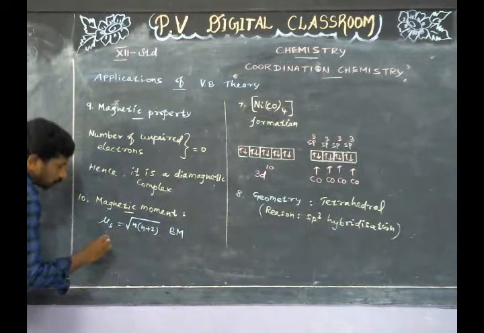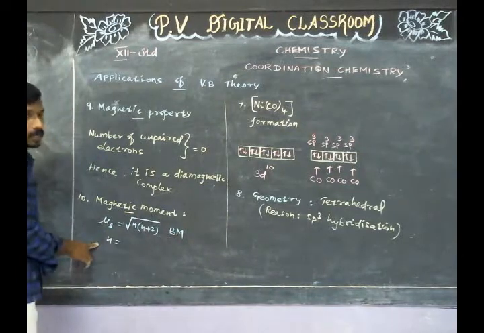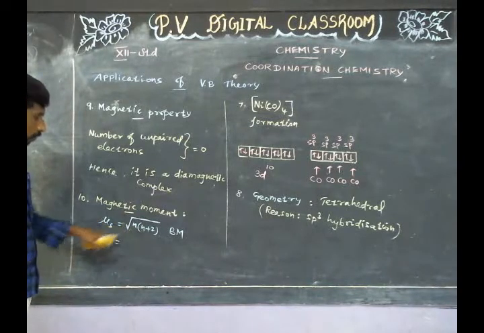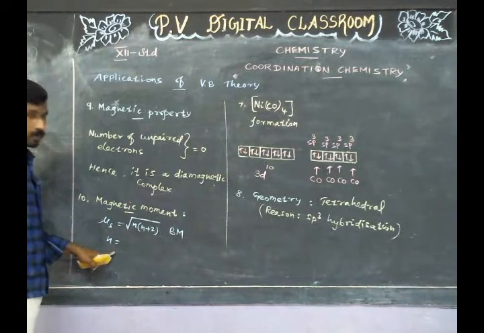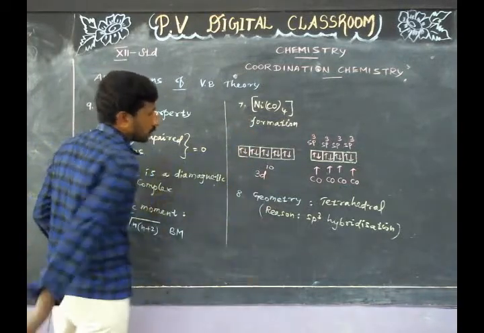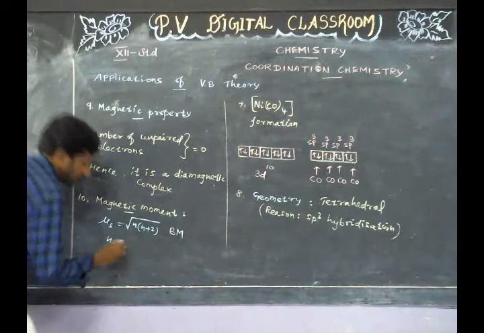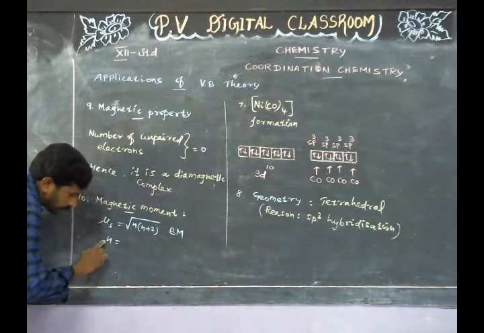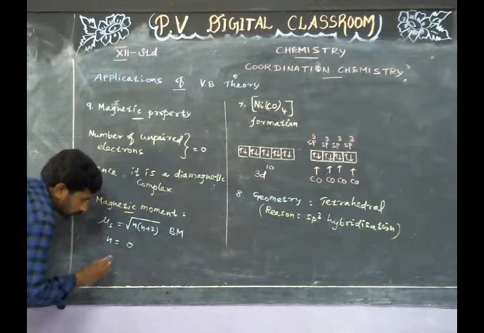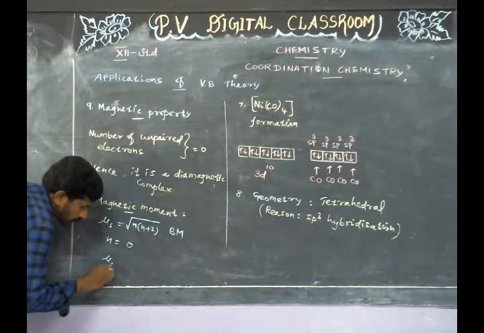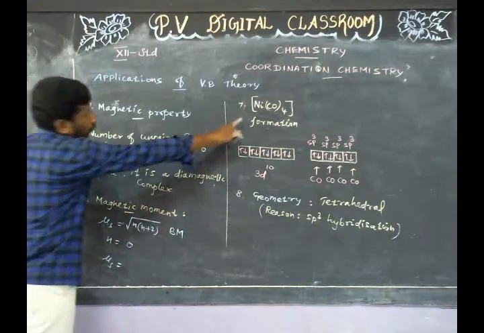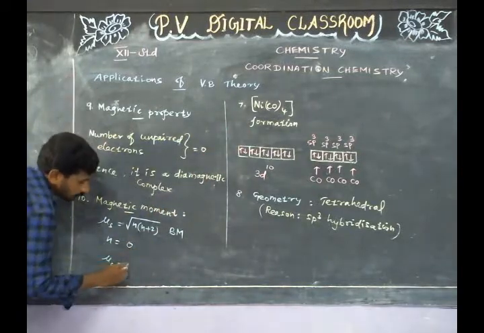In this formula, n represents the number of unpaired electrons. In this compound, the number of unpaired electrons is 0. Therefore, n is equal to 0. Hence, the magnetic moment of the Ni(CO)4 complex is 0.